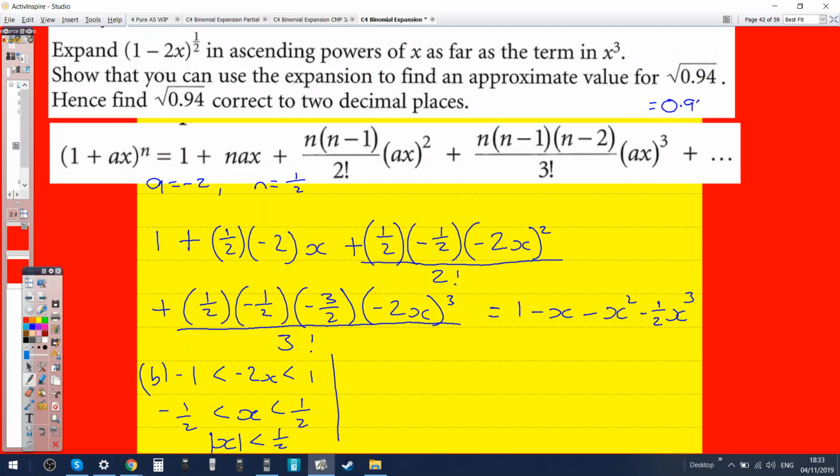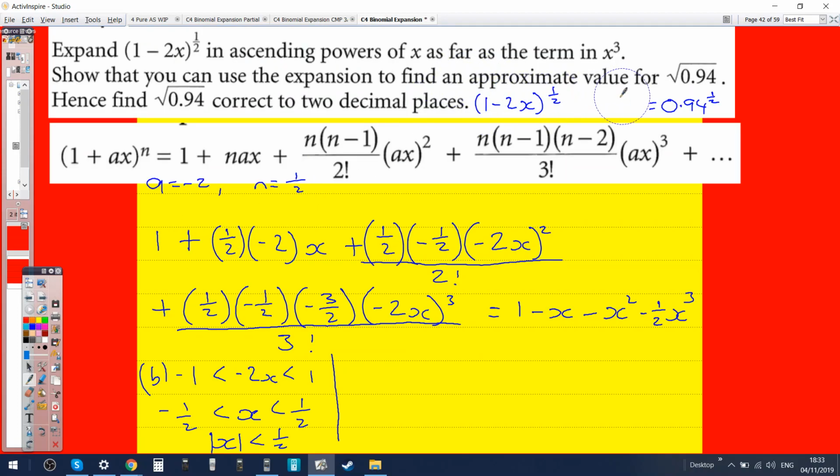So that's 0.94 to the half. So that's our ax value. Well, we just did (1 minus 2x) to the half, and we want 0.94 to the half. So what would we do? Will we put 0.94 in for x? For ax?